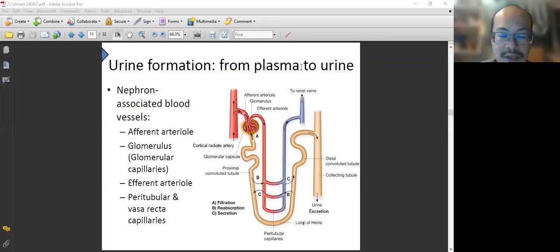We have the blood vessel and we have the nephrons. You need to know that the interface is basically between the capillary and the nephron tubule, because the capillary is the only blood vessel that can conduct substance exchange.